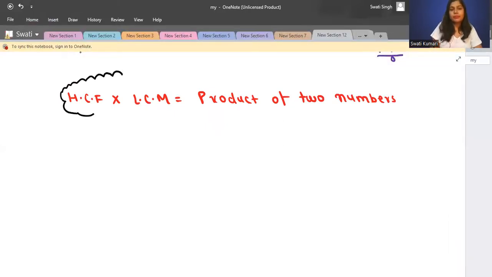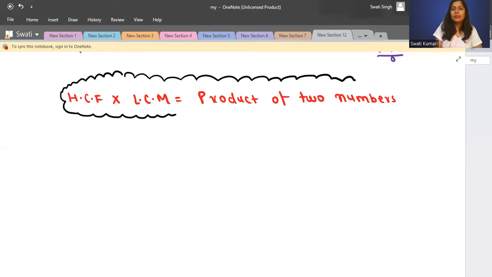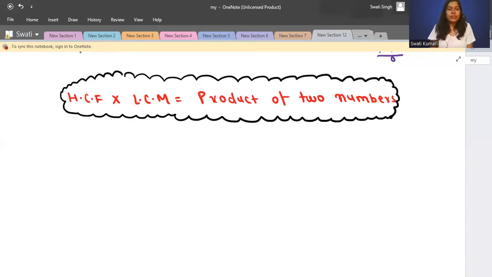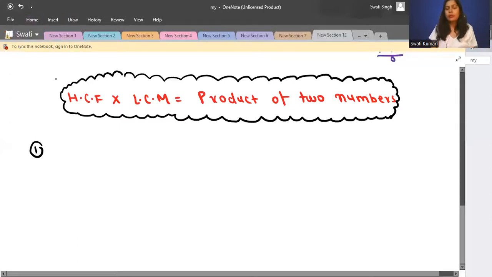Yes, so this is our formula. Whenever I write down a formula, I write it inside clouds because I love clouds. Okay. Now let us take one question and solve it using this formula.